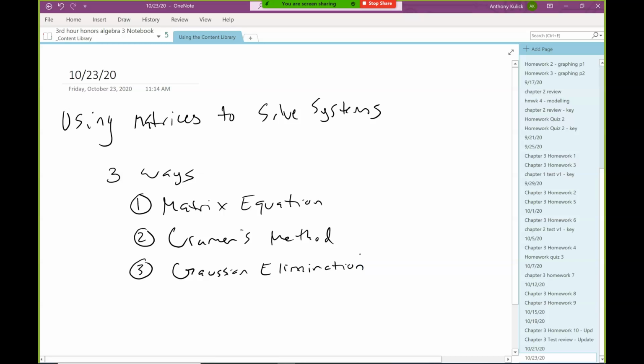So those 3 methods that we're going to look at are going to be using a matrix equation, something called Cramer's method, and a third thing called Gaussian elimination.